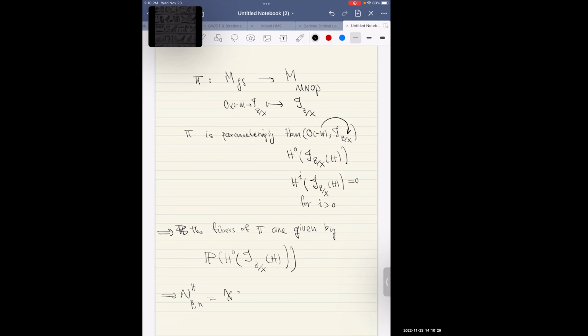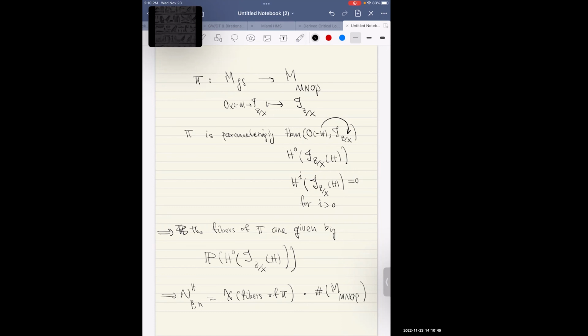the Euler characteristic of the fibers of the morphism pi, times invariance of the moduli space of MNOP, basically.